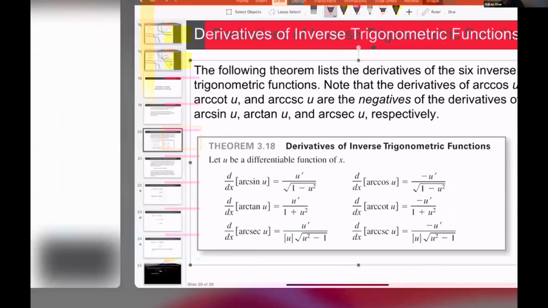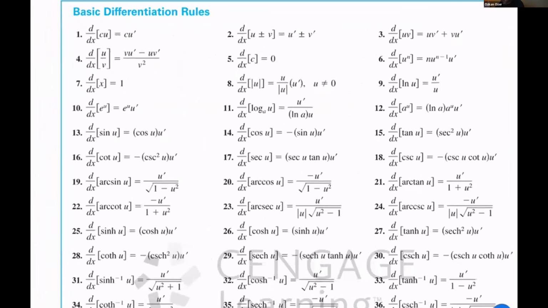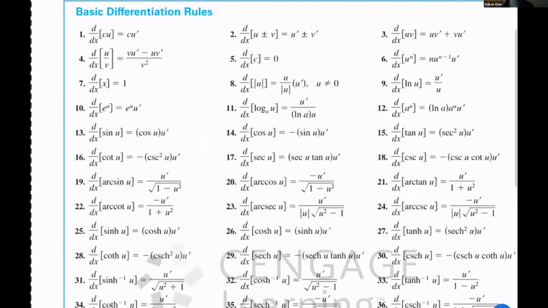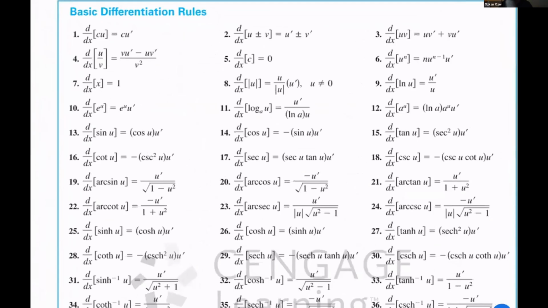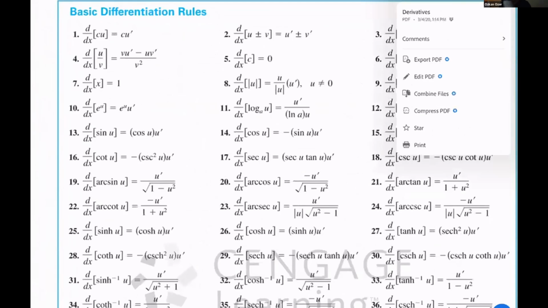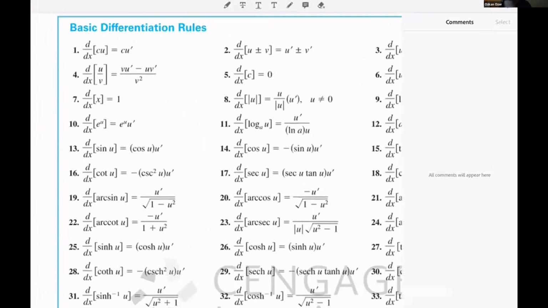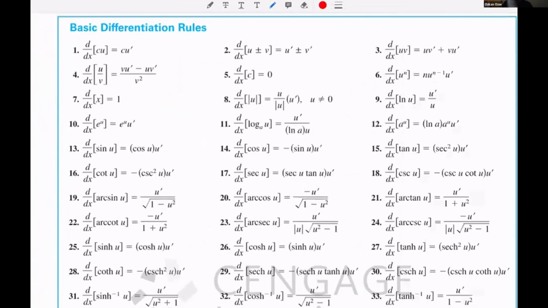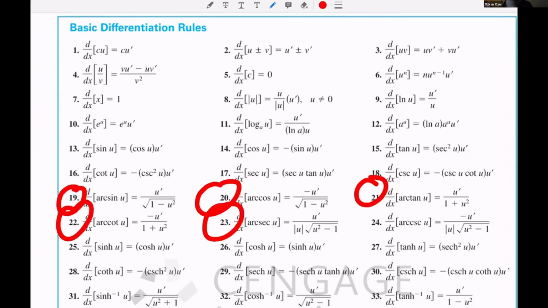By the way, we still have the formula card for basic differentiation rules. The ones that I'm just starting to go through, starting from 19, 20, 21, 22, 23, and 24, are the ones we're going to start covering in the next minutes.